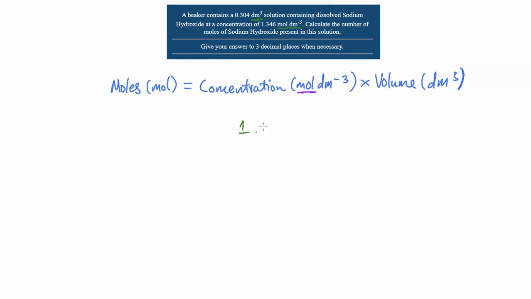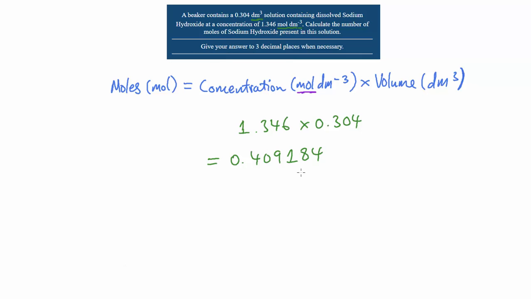We simply multiply that by the volume, which is 0.304. I would invite you to have a go at that on your calculator to see what you get. If you do that, what you should get is 0.409184.